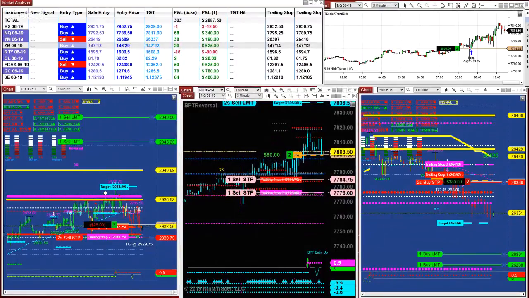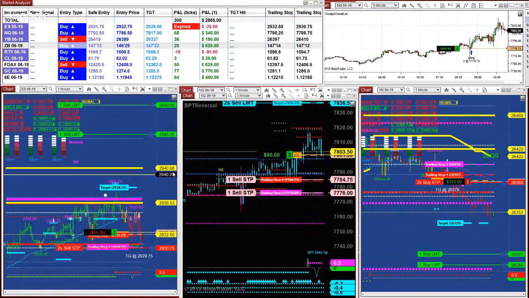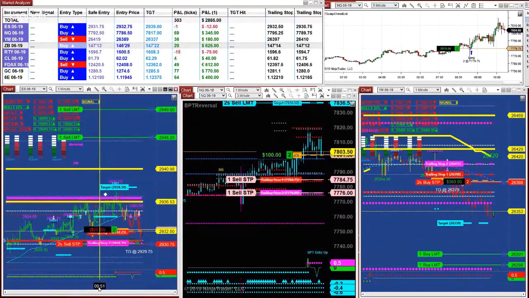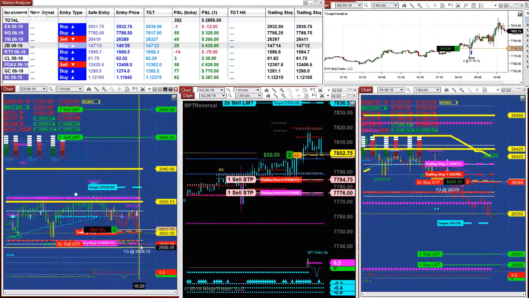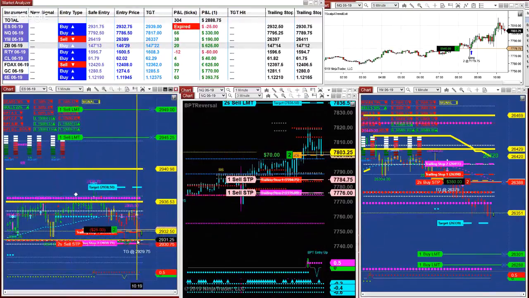You see, look, here's the key right now, guys. On the ES, this is your key right there, 31.25. And we need to see that key break in order for that YM to break. So we will keep our eye on it.